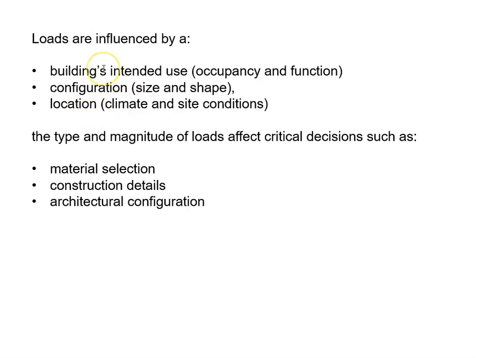All right, so loads play a key factor in describing these things. They also play a very important part in making decisions. After we've determined the loads, everything that the building is going to be experiencing, then we decide what materials are best, how these construction materials are being put together and fastened together, and then the overall architectural configuration. So a lot of things influence a lot of important decisions.